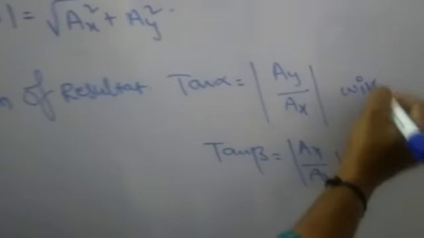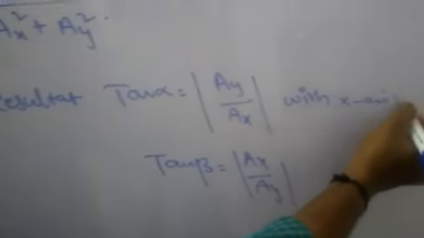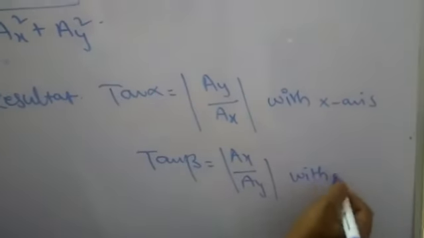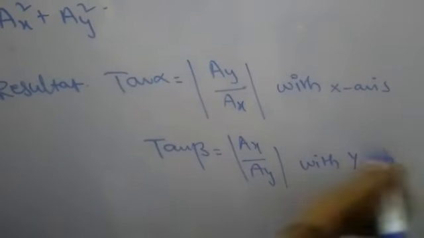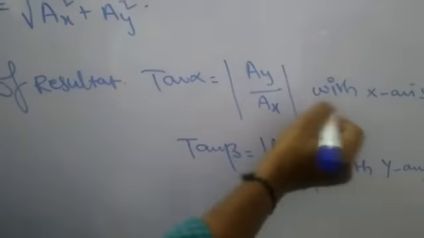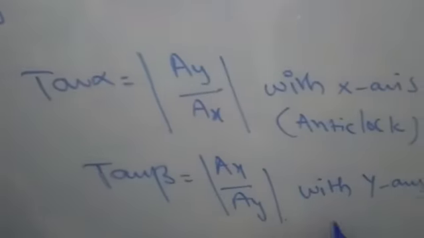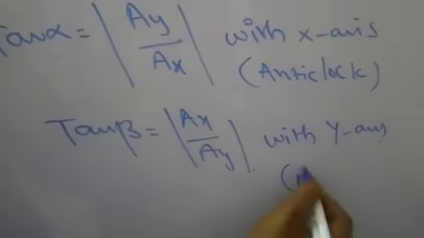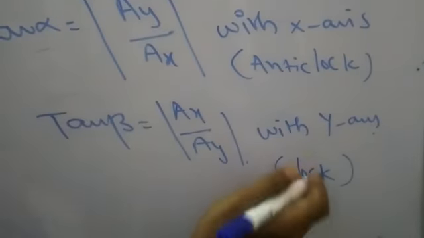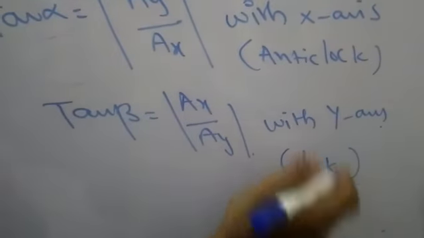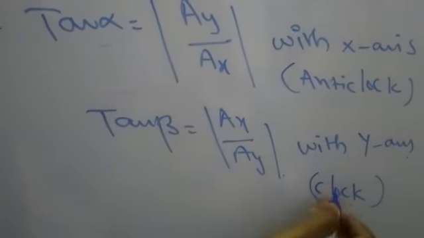So this is with the x axis, and this is with the y axis. Here we are measuring the angle in the anti-clockwise direction. So this is the resolution of vector concept.